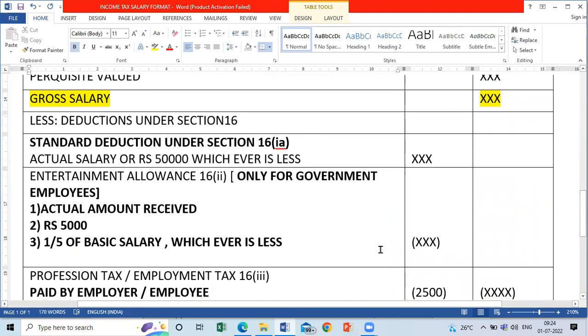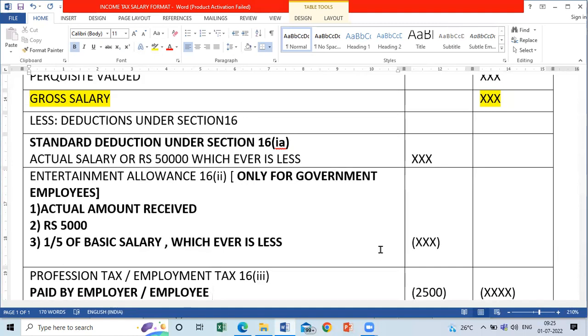So standard deduction is actual salary, that is gross salary or rupees 50,000, दोनों में से whichever is less. Deduction will be always whichever is less, not more. Government क्यों अपना नुकसान करा के लेगा whichever is more देके? It is always whichever is less in the outer column.